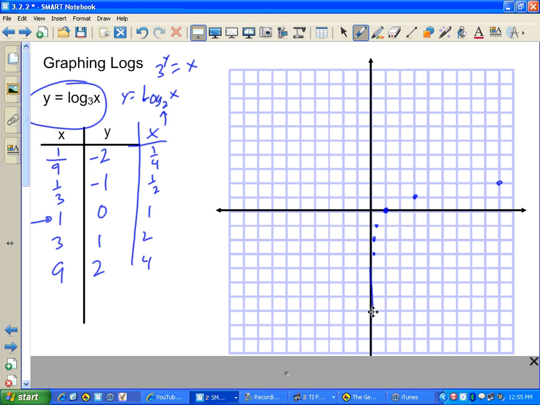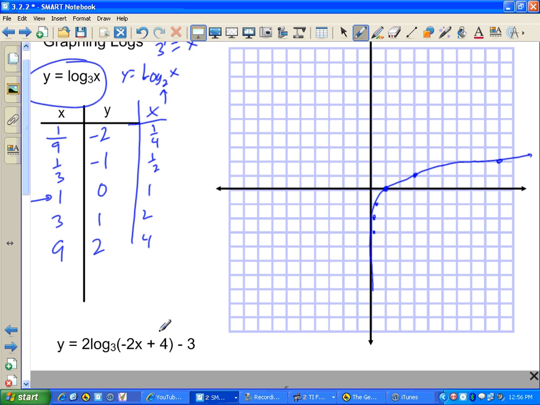So this is following this asymptote, and then it comes up, and it just real slowly rises, because I'm not going to cross 4 until I'm way out at 81. Log base 3 of 81 would be 4, so I'd have to go all the way over to 81 before I'd be up at 4. I'd have to go all the way to 27 before I'd hit 3. So it's increasing very slowly as we go that way. So that's my base function.